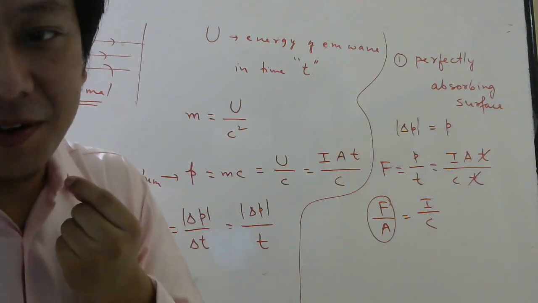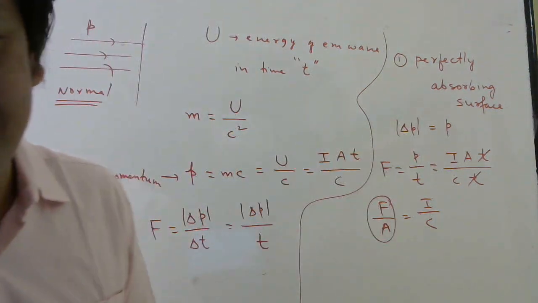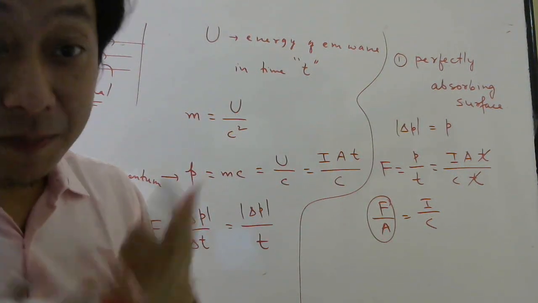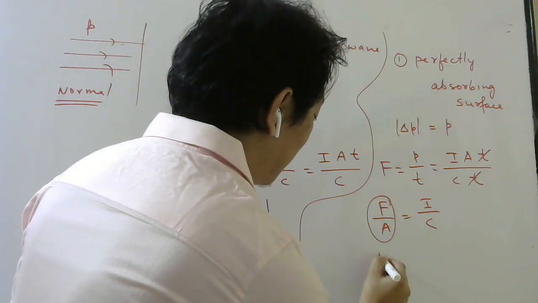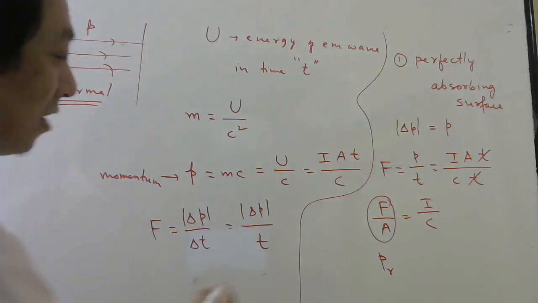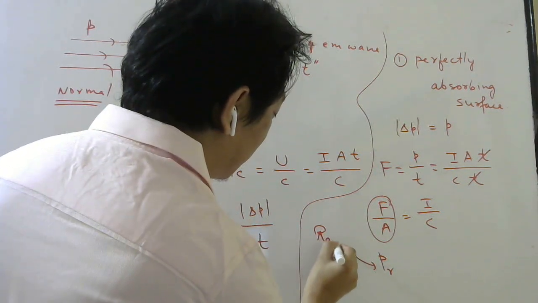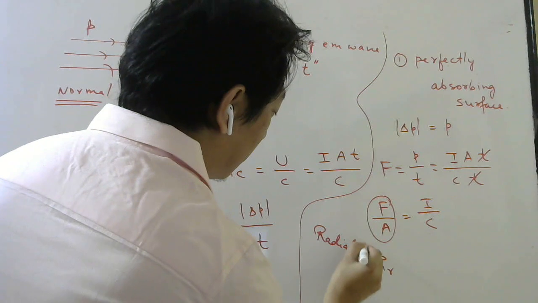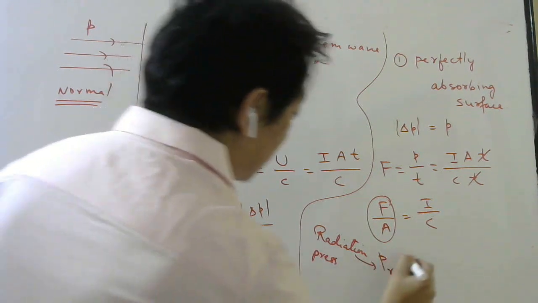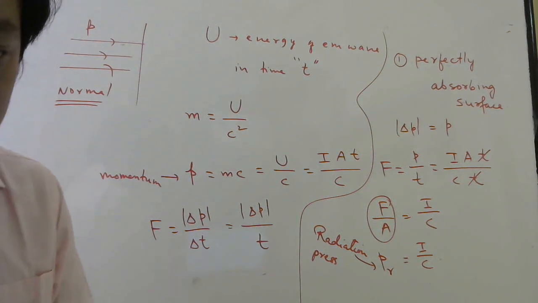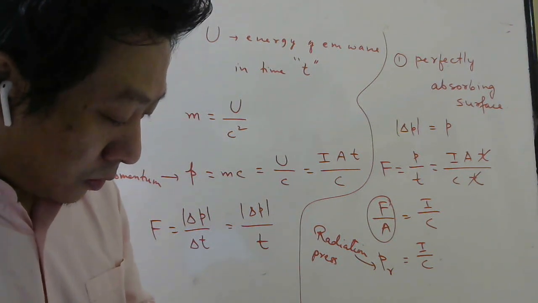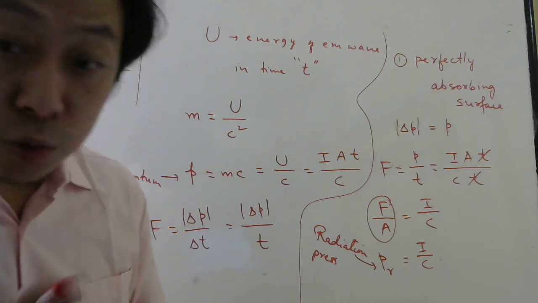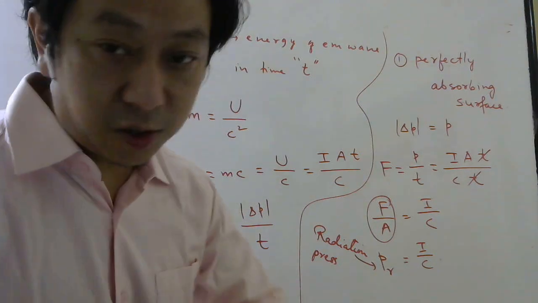Small p we are using for momentum, and capital P in this chapter we are using for power, so let us write P_R, radiation pressure. So I can write I by c. If it is 100% absorption, it should be I by c. Let us see what they give. For totally absorbed, it is given 2I by c. That is wrong. So the first option is wrong.